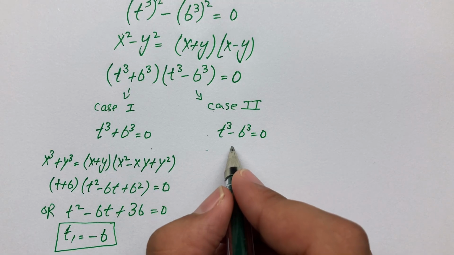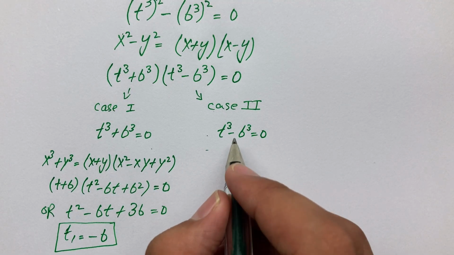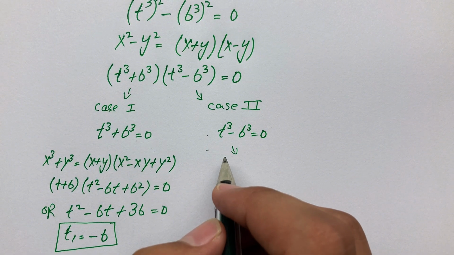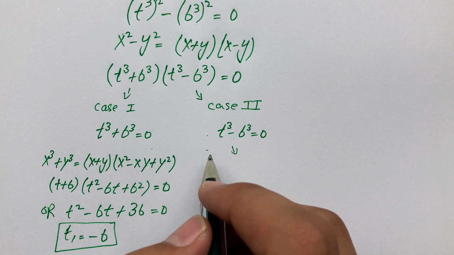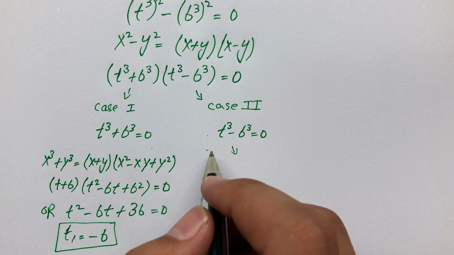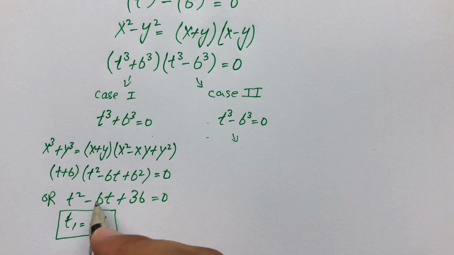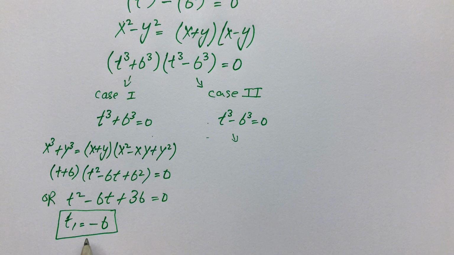And now we are solving this side: t to the power 3 minus 6 to the power 3. So ax square plus bx plus c.